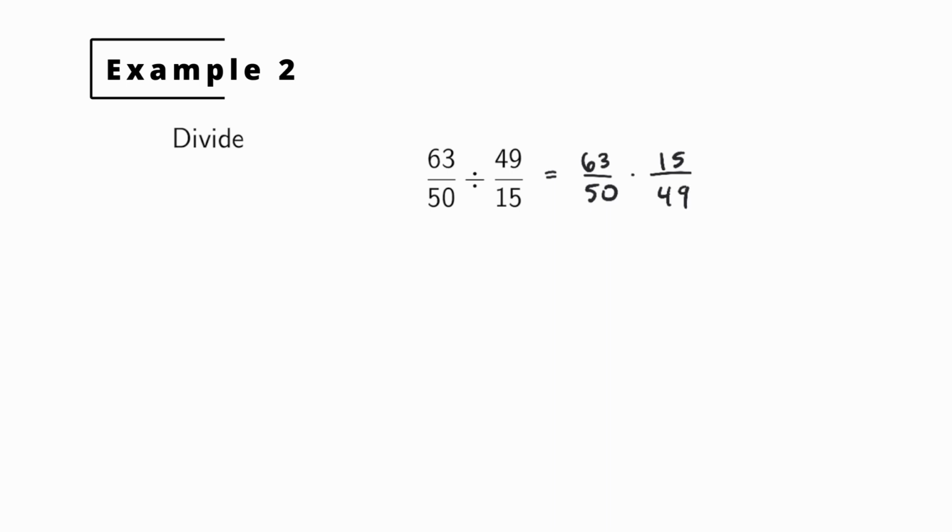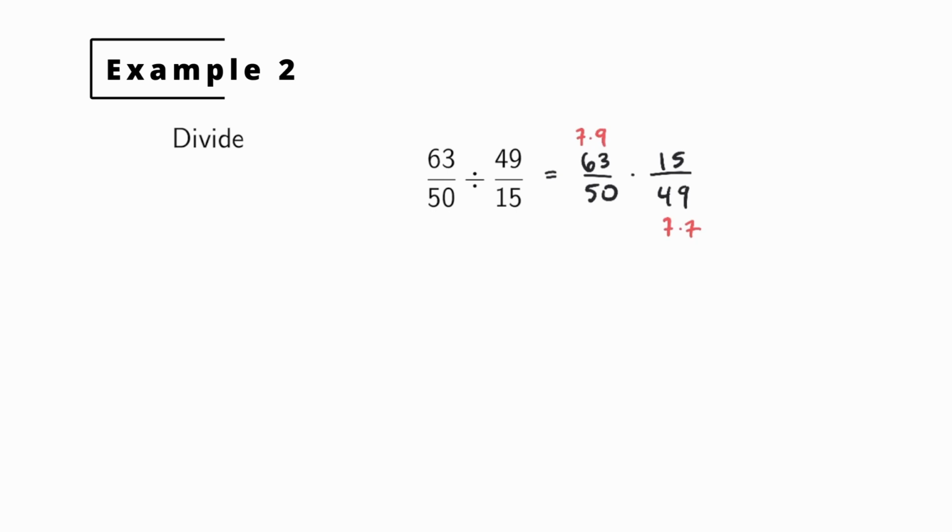Now, before we multiply across, we want to find common factors. As I said before, this is in lowest terms and this is in lowest terms, but 63 and 49 have factors in common. They have a common factor of 7. In fact, 63 is 7 times 9 and 49 is 7 times 7.